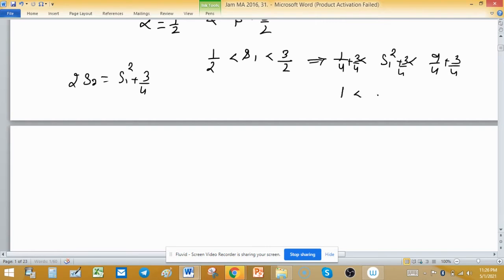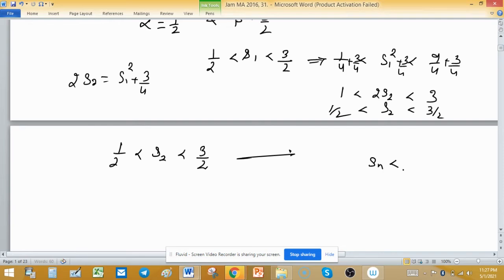So it will be 1 less than 2 S2 less than 3. So S2 is less than 3 by 2 and greater than half after dividing by 2, because 2 is positive, so the sign of inequality doesn't alter. Means S2 also lies between 1 upon 2 and 3 upon 2. So similarly you can verify that other terms will also lie between 3 by 2 and half. Means the sequence is bounded.